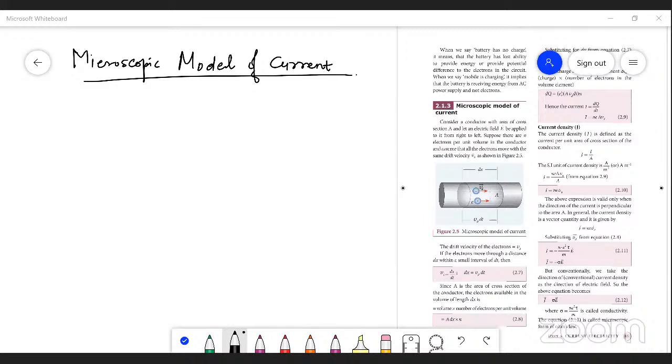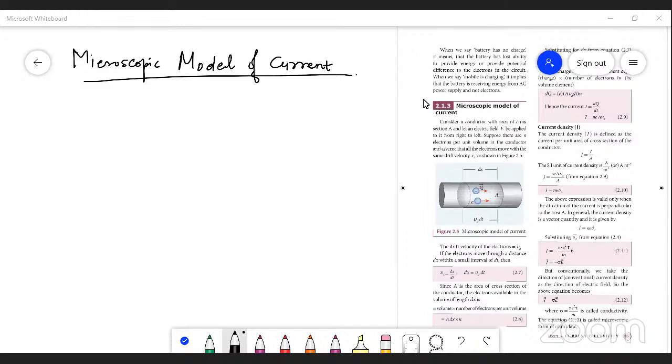Right. In the microscopic model of current, in order to bring out the relationship between current and drift velocity, what are the steps we are going to follow? First, we are going to calculate the drift velocity possessed by the electron. With the help of drift velocity, we are going to calculate the number of electrons present in a given volume of a conductor.